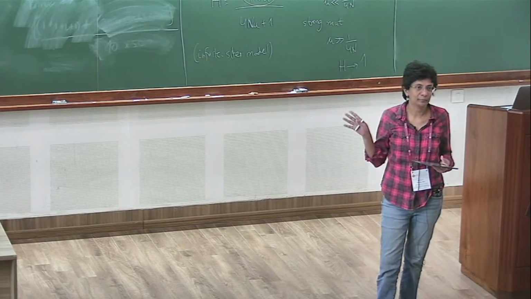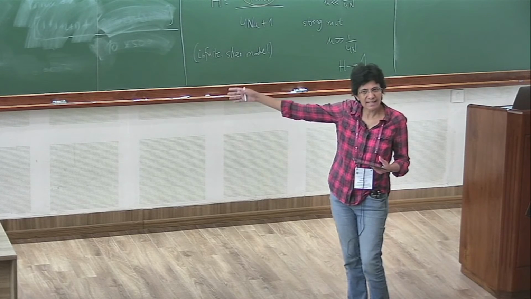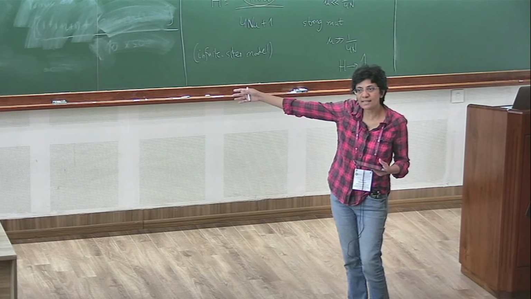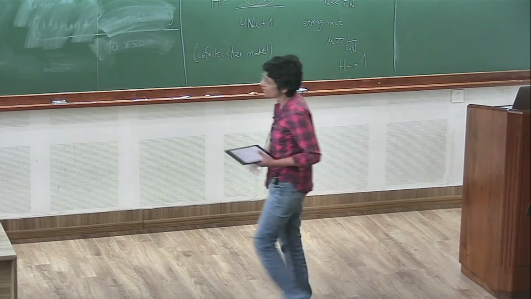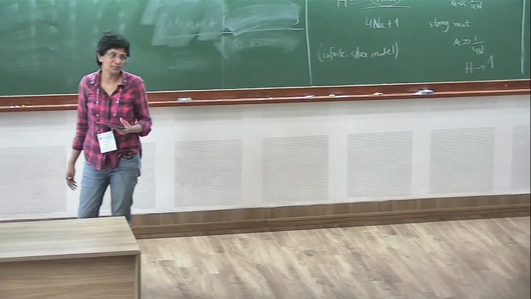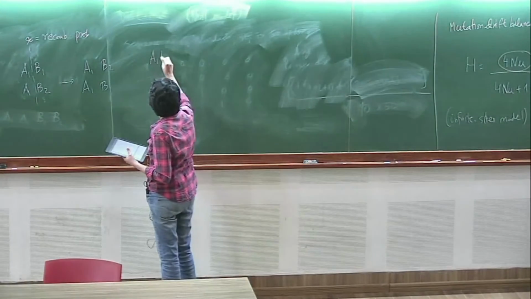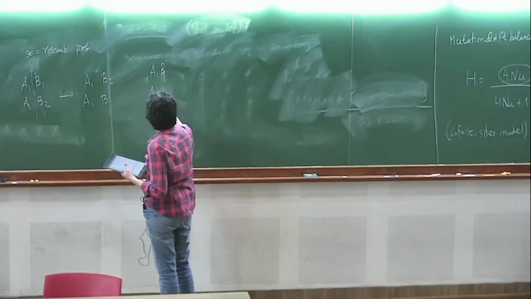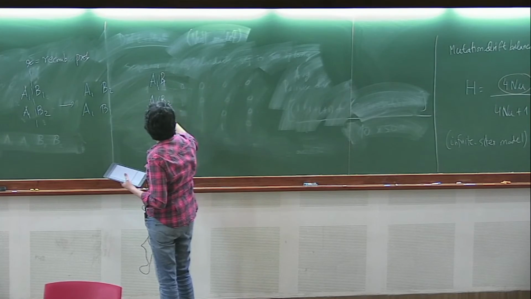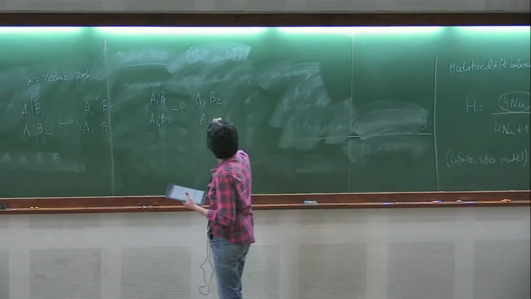Is this okay? If these two recombine, these genotypes, has anything changed in the frequency? No. So can you tell me, what genotypes are good, that will lead to some change? A1, B1, A2, B2, very good. So break and swap, right?